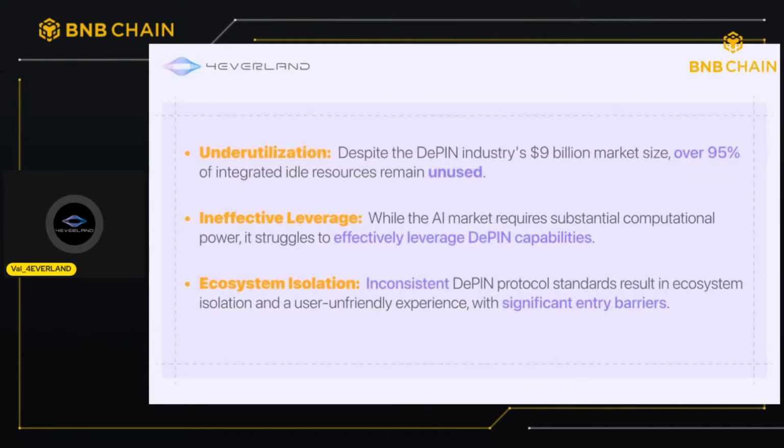There are also some general issues that we are trying to solve by building Foreverland. One of them is underutilization of resources: over 95% of resources are still idle. At the same time, there is inefficiency of leverage. We are trying to raise the efficiency and make the utilization of resources much easier and more efficient.